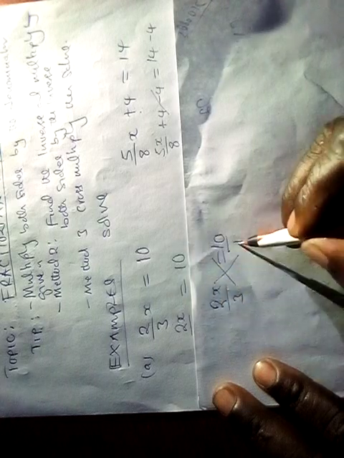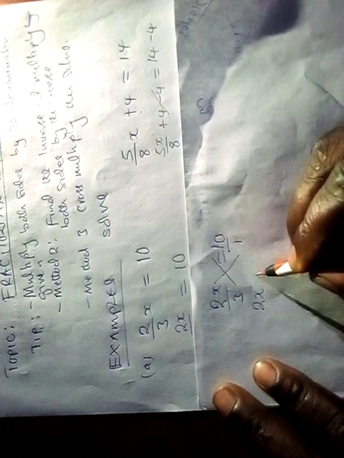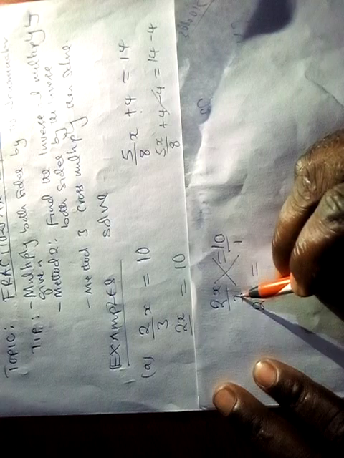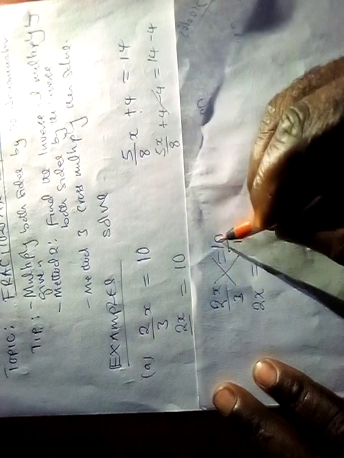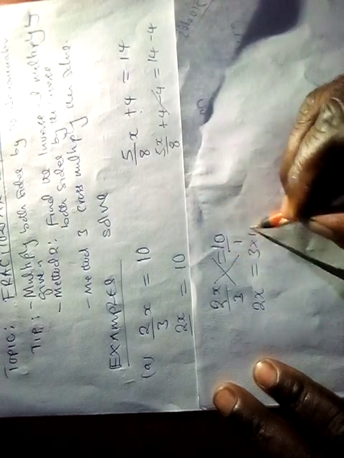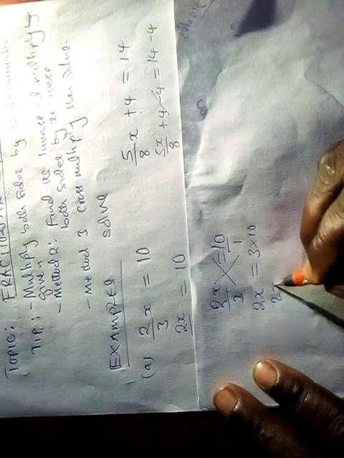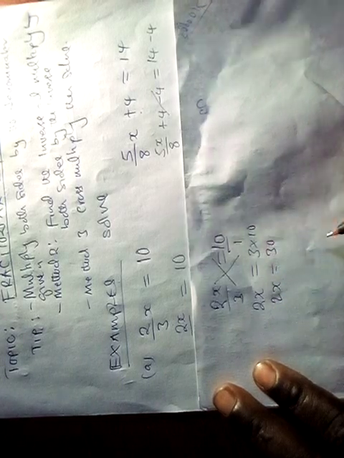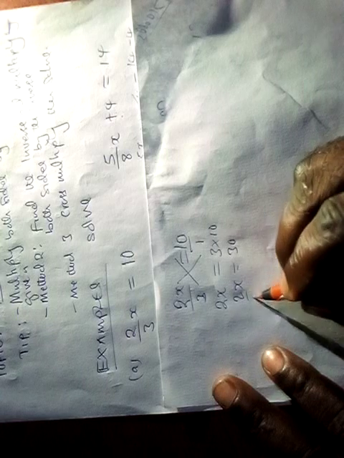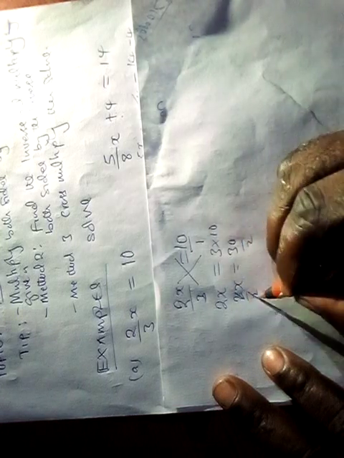So 2x times 1 is 2x, which is equal to 3 times 10. So 2x is equal to 30. The next thing, divide by 2, so x is equal to 30 over 2, which is x is equal to 15. So same answer. It depends on the method that will be simpler for you.